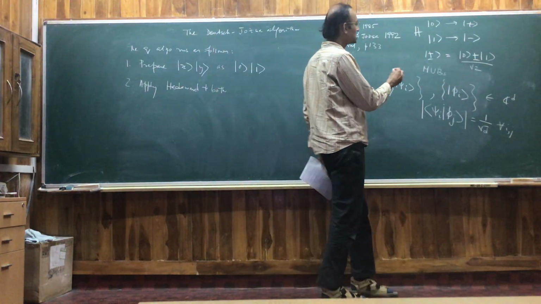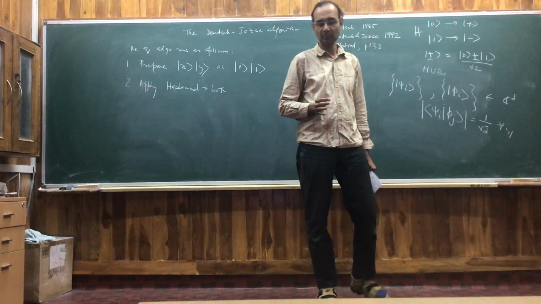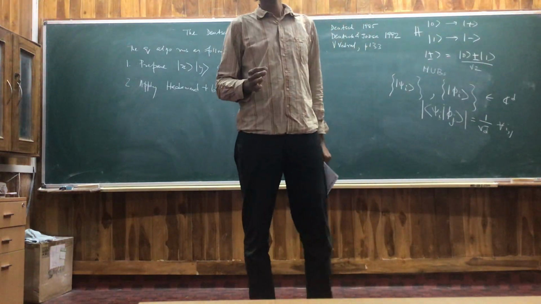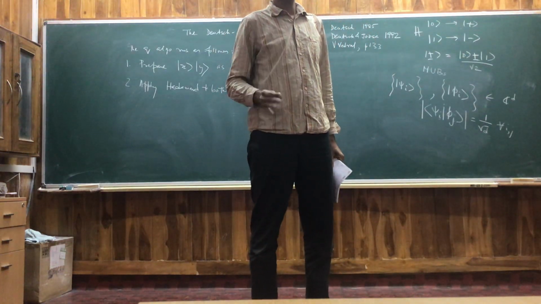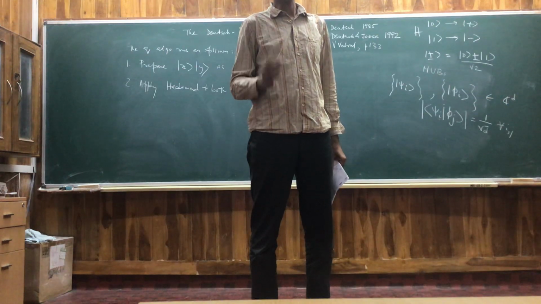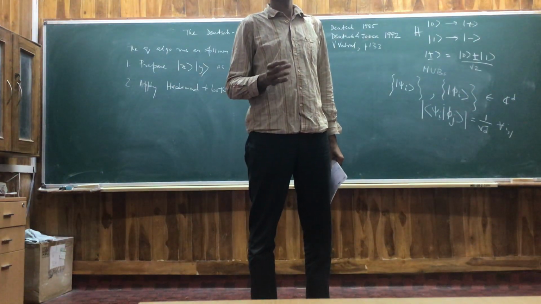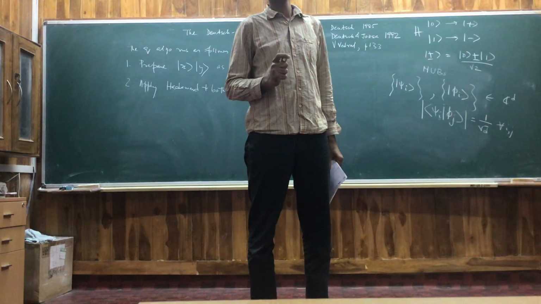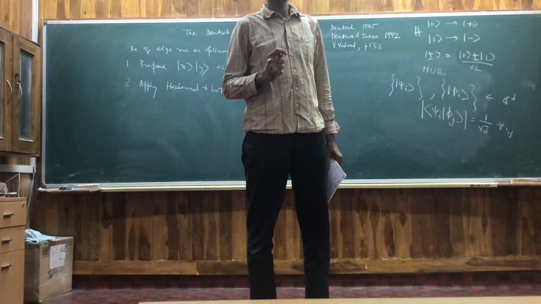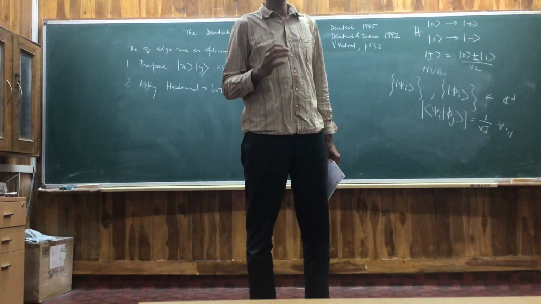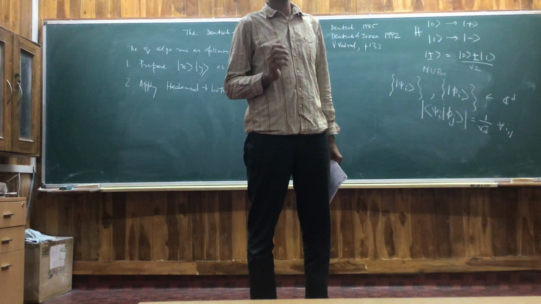So two MUBs are there in every dimension. There's a conjecture that you will be able to find d plus 1 MUBs in every dimension. It has been proven for prime power dimensions only, not in others.